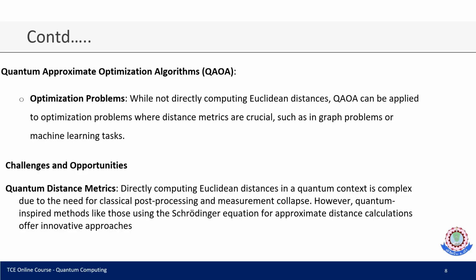Challenges and opportunities: quantum distance metrics. Directly computing Euclidean distance in a quantum context is complex due to the need for classical post-processing and measurement collapse. However, quantum-inspired methods like the Schrödinger equation for approximate distance calculation offer innovative approaches.